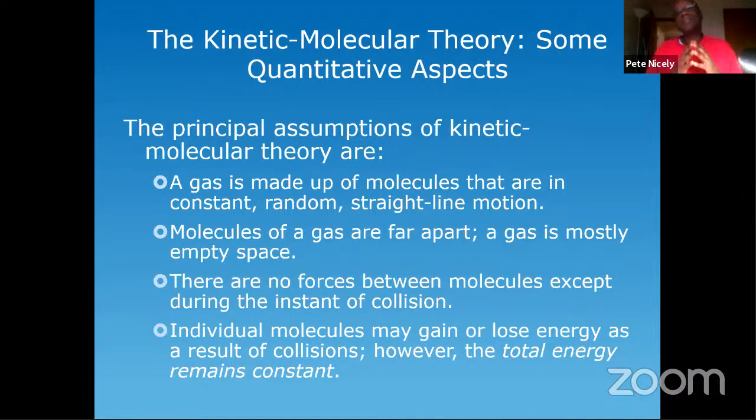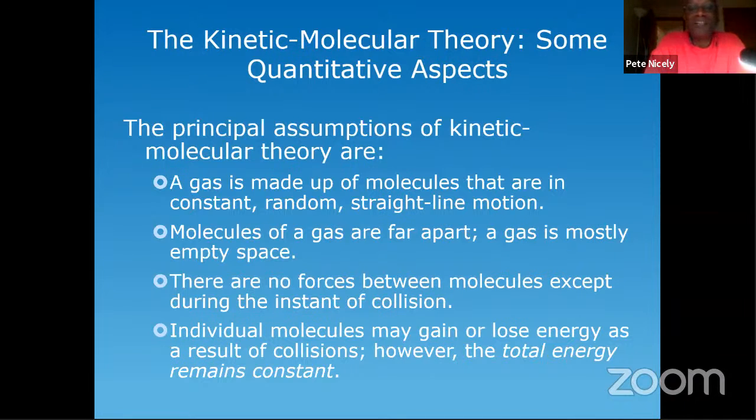The second assumption of this theory is that the molecules of a gas are on average far apart from each other. So therefore, if you have a sample of gas that is in a vessel, then what you're looking at is mostly empty space because the mean distance between the gas particles are relatively far from each other. The third one is very important, and I think I alluded to it earlier in this class.